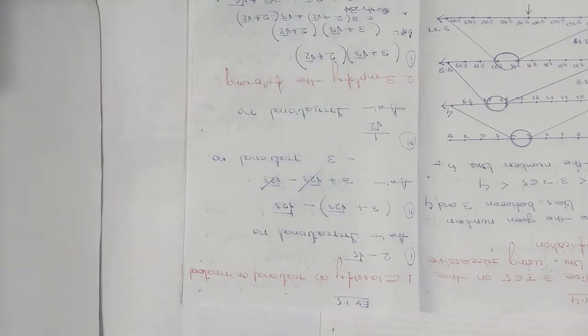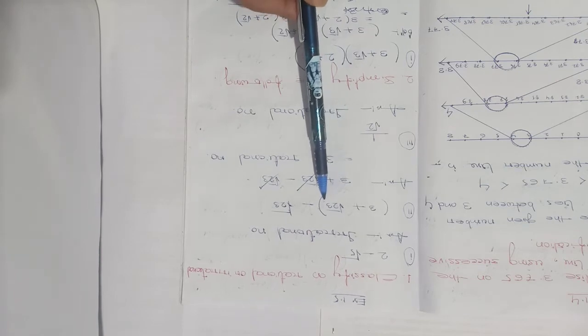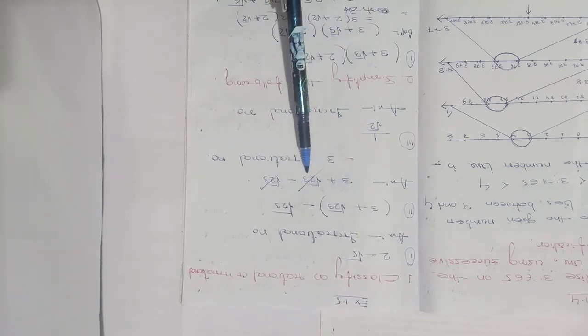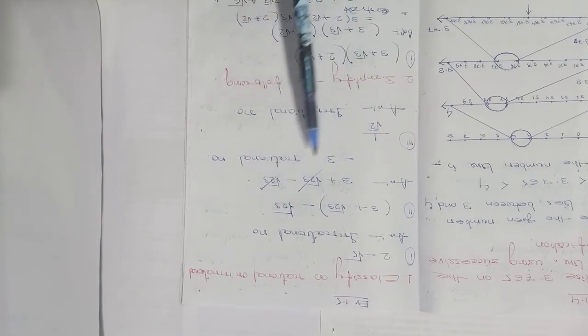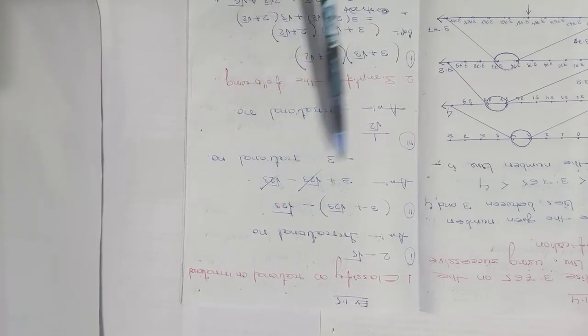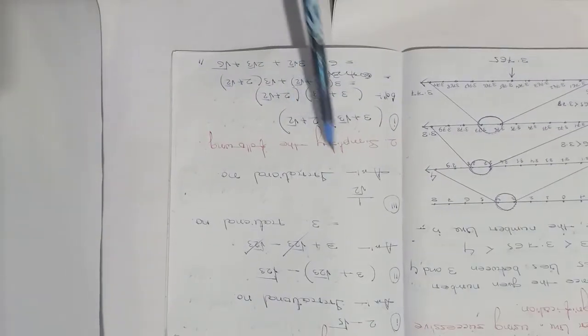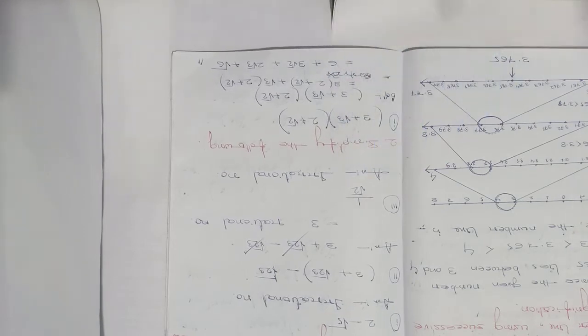Now another number is 3 plus root 23 in brackets minus root 23. If you remove the bracket, 3 plus root 23 minus root 23, root 23 gets cancelled, and it will be 3. So 3 is a rational number. Another number is 1 by root 2. Since root 2 is an irrational number, 1 by root 2 is also an irrational number.